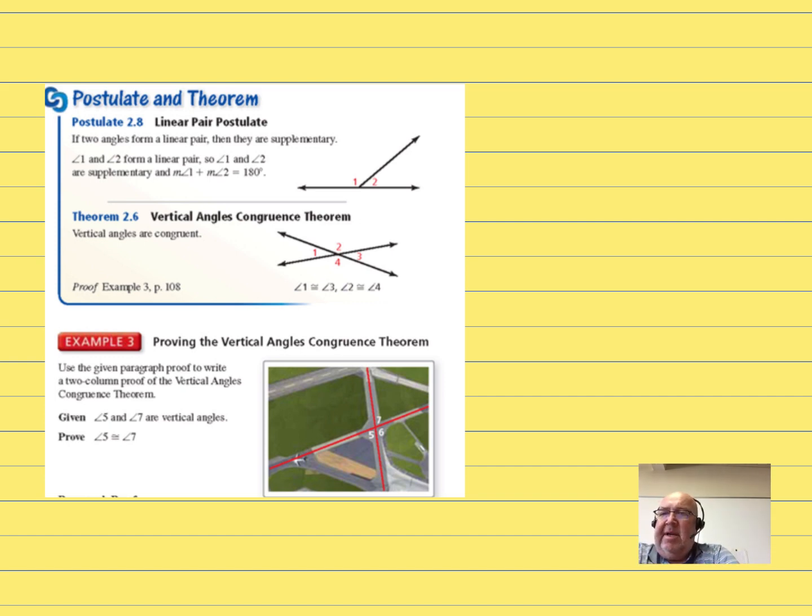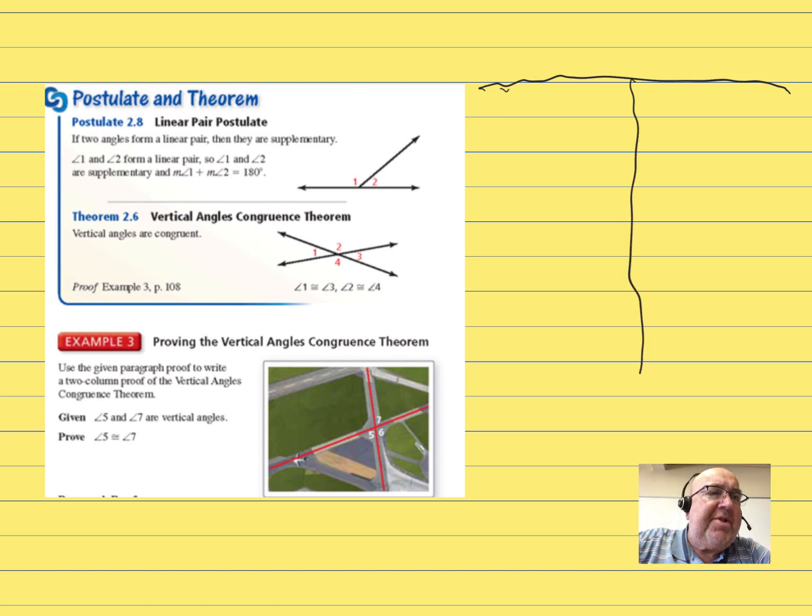I'm going to do a 2-column proof, but in the example you'll also see a paragraph proof which is written out. You might want to look at that because you might see some of those. I'm just going to put S and R up here for statements and reasons.